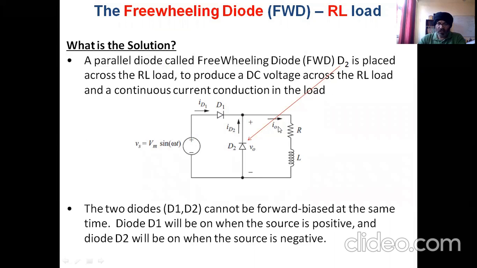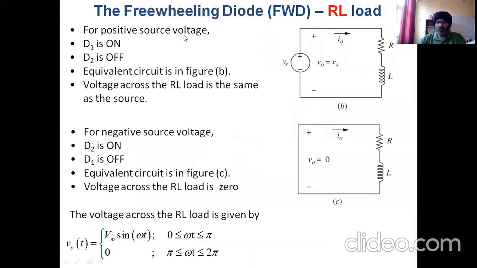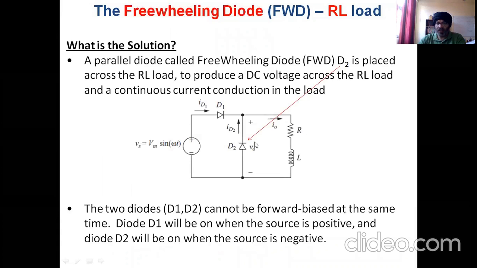So for positive half cycle, D1 is on and D2 is off. So this circuit will be the equivalent circuit, because this branch is now out of picture. That diode is now out of picture.